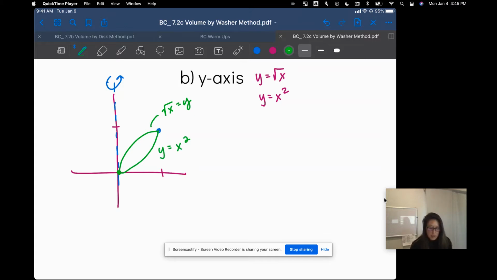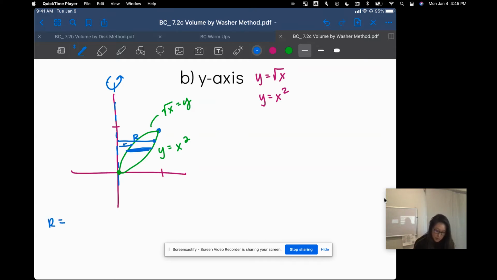Next up is to create a washer. So I'm going to cut this shape right here. Okay, so to get the length of the blue line, I'm going to have to take big R minus the inside part, which is little r.